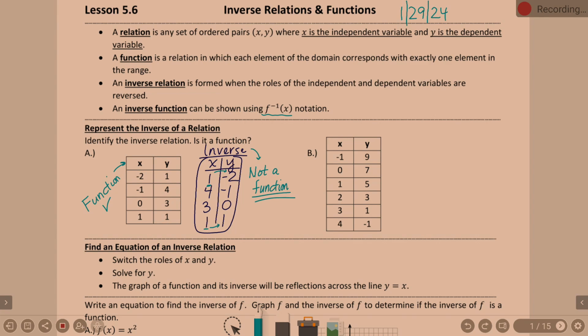Okay, B. We have an XY chart. I'm not going to read it off. Let's start with the inverse.